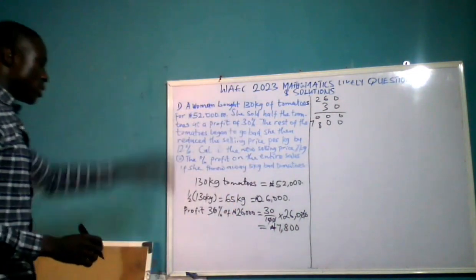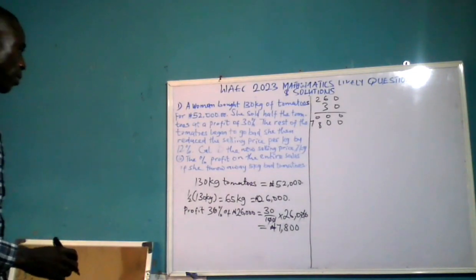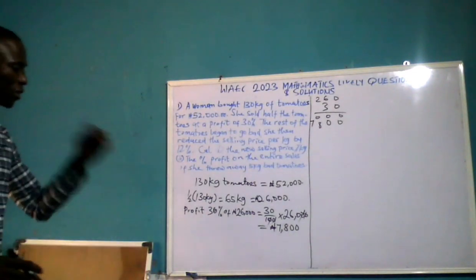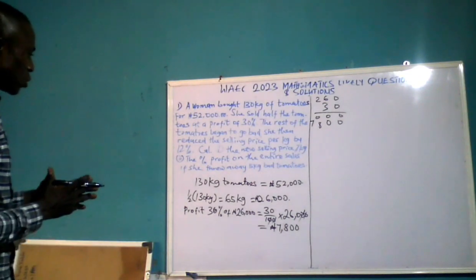So 7,800 naira is the profit made on the half of the tomato. Now from this profit made, we can as well get the selling price.